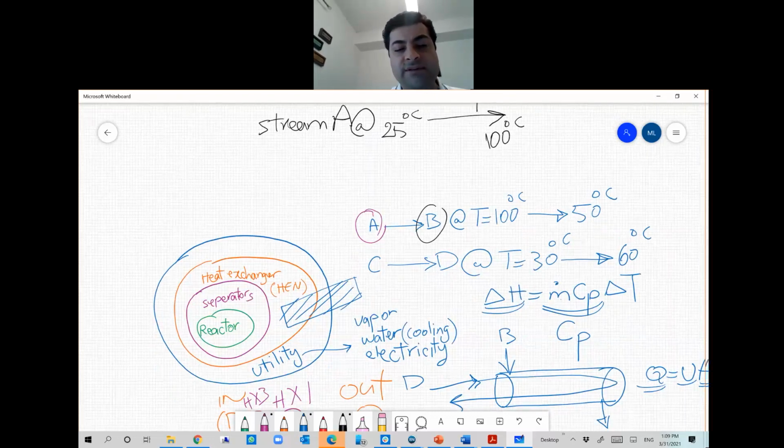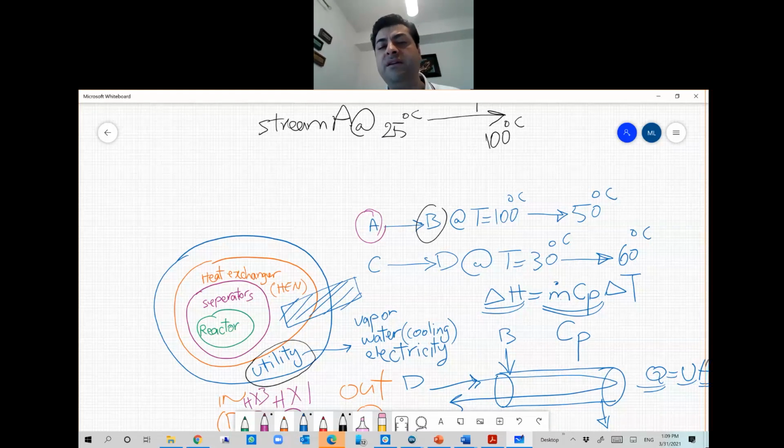When we say that we have to design a utility system, in fact, the utility system is the system where you determine how much vapor, how much cooling water, how much electricity, how much whatever else in terms of utility you require to heat up or cool down a process stream. So that's the utility system.